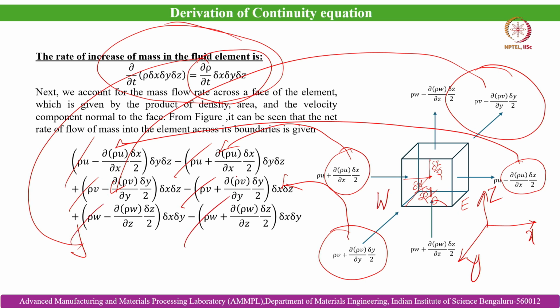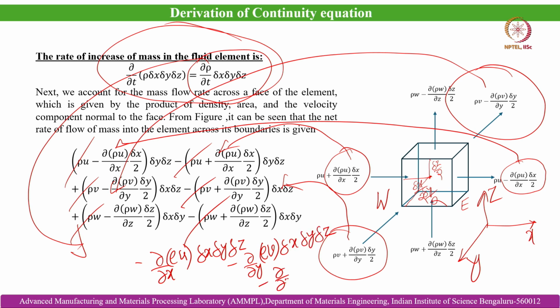And because there is a half involved, what we are getting over here is del x rho u delta x delta y delta z, then minus del y rho v delta x delta y delta z, and then minus del z rho w del x del y del z.